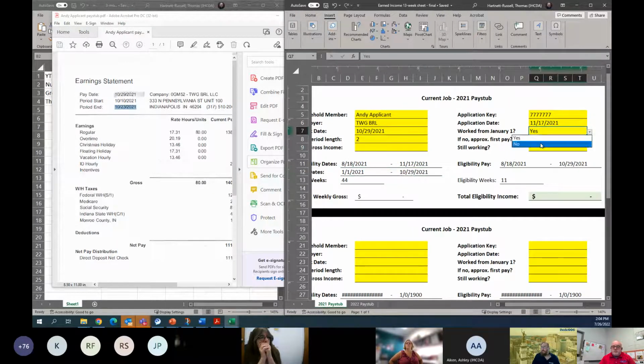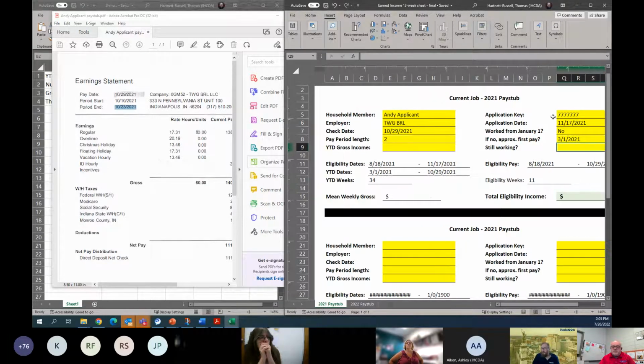If that was a no, we would just want to enter approximately when they started. So let's say we talk to them and they say, I've got my first pay in March. It would be good for us to just put in March 1st, 2021 as that date. So if you notice, now that I put no for worked from January 1st and put in the first pay as March 1st, those year-to-date dates now on the spreadsheet are March 1st, 2021 through October 29th.